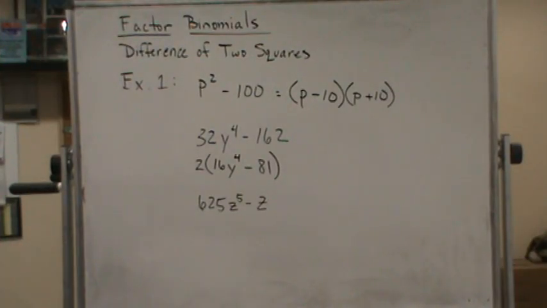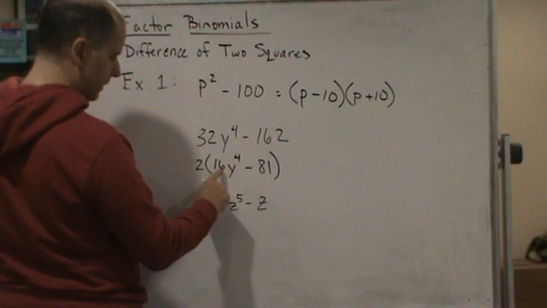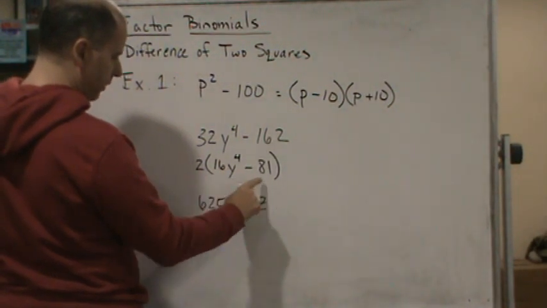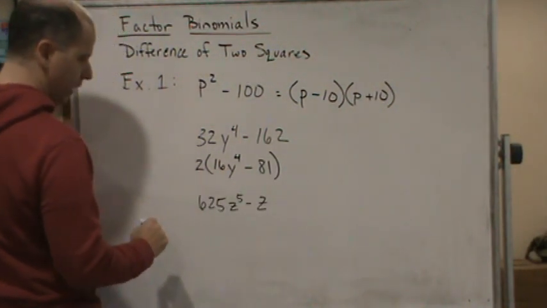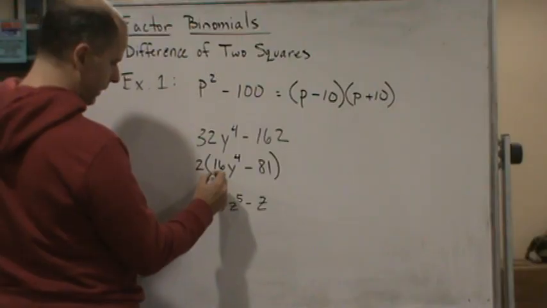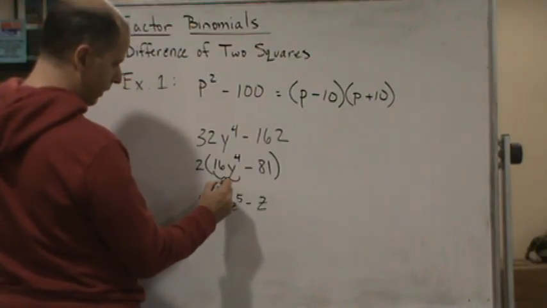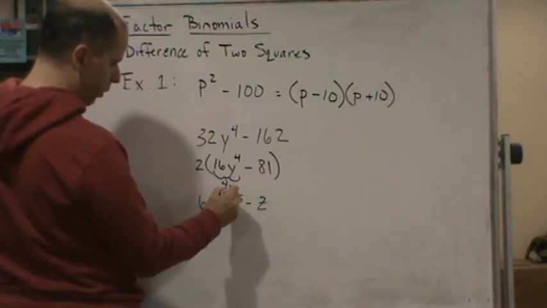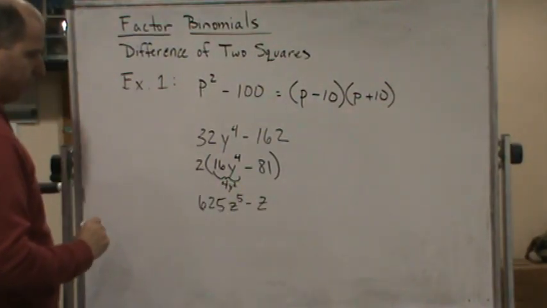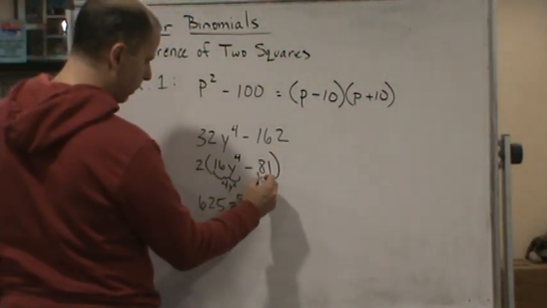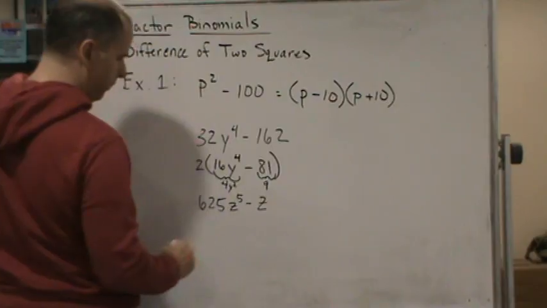Now we can see that we've got two squares, 16y to the fourth and 81. So here the a would be what? 4y squared, and the b here would be 9.